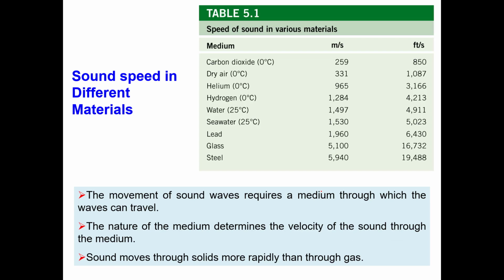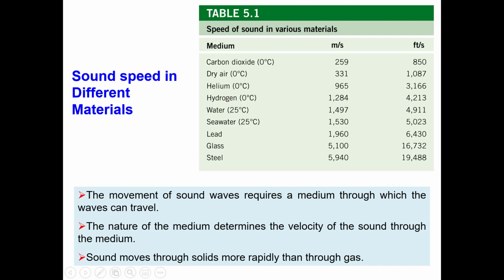Also, in this slide, we want to talk about the speed of sound in different materials. Remember, sound requires a medium to travel, but the medium determines the velocity of the sound.